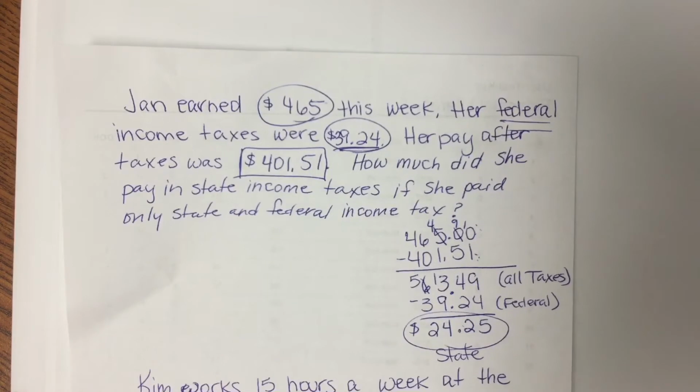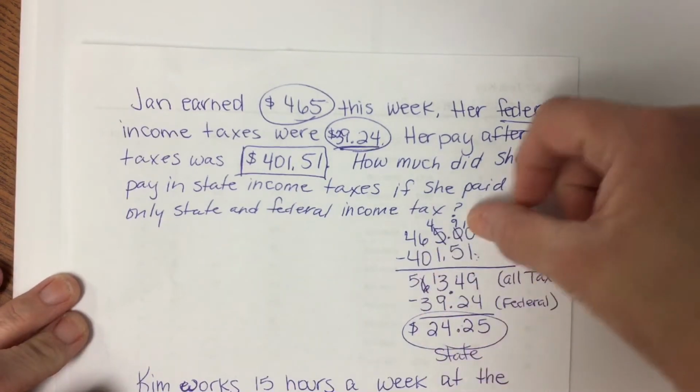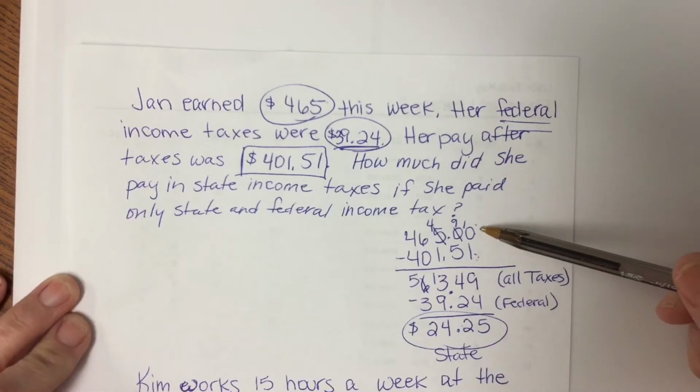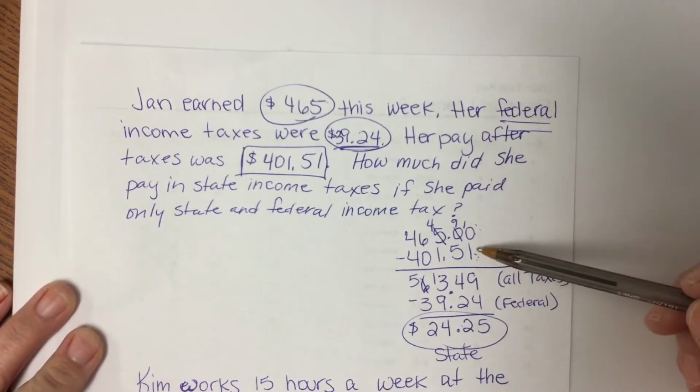This one was a good one. Jan earned $465 this week. Her federal income taxes were $39.24. Her pay after taxes was $401.51. How much did she pay in state income taxes if she only paid state and federal income? All right. So I know her gross is $465. That's what she made. And her net was $401.51.